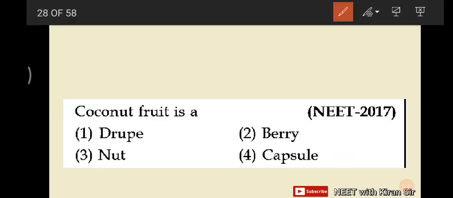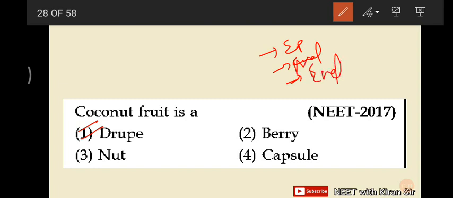Coconut is a fruit. When I talk about the different types of fruit, coconut is an example of a fruit called a drupe. So what is a drupe? Remember, a fruit has epicarp, mesocarp and endocarp.